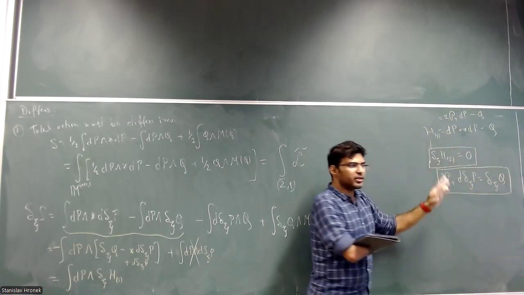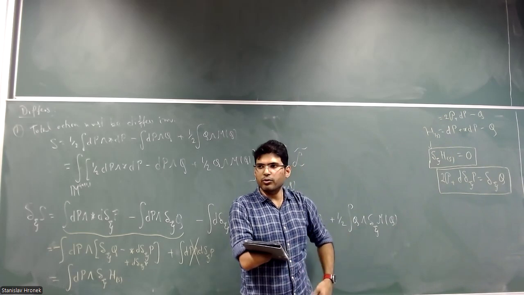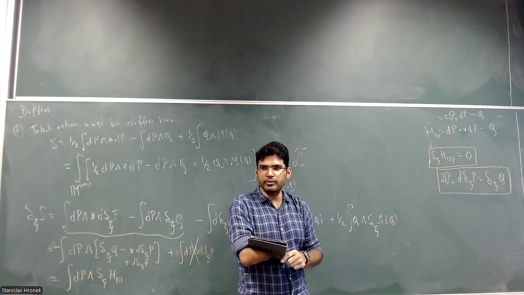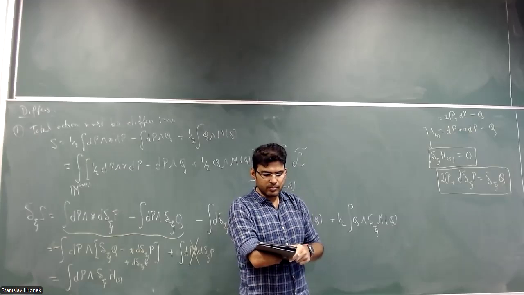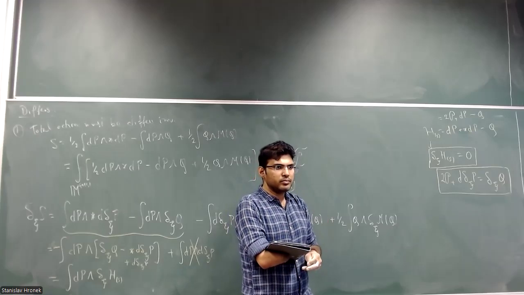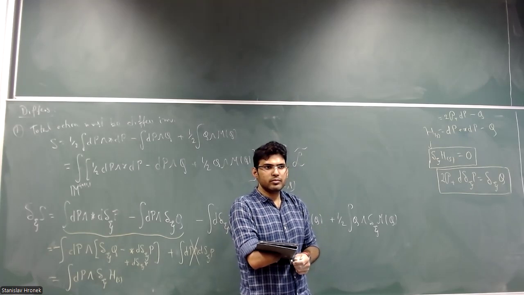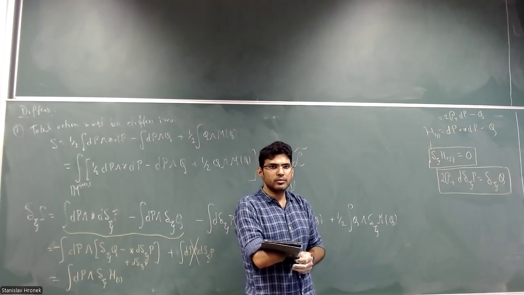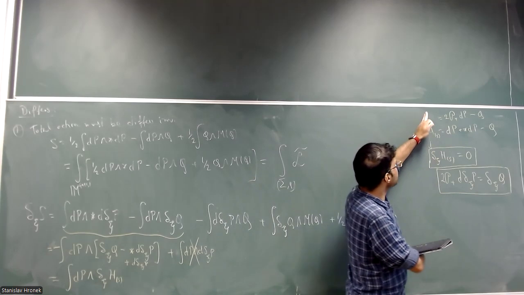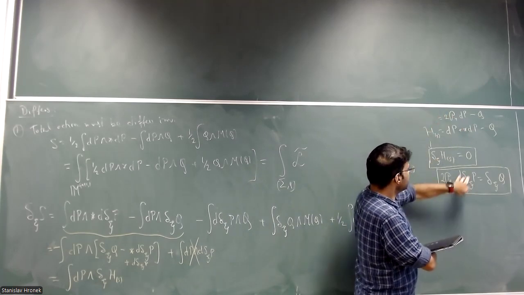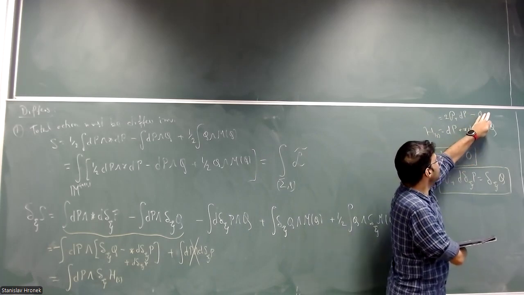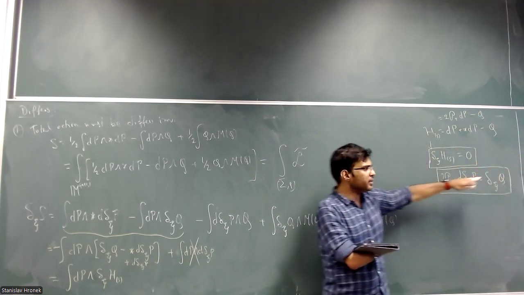And I just took a variation, took q to the other side, and that's the equation. Is it clear? I just took a delta psi of this on both sides. This is this term minus delta psi of q equals 0. I took the delta psi q to the other side. That's this.